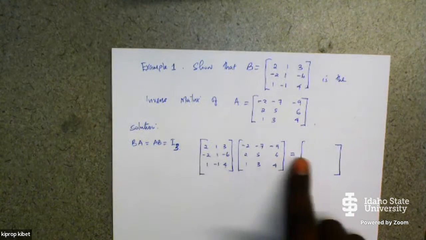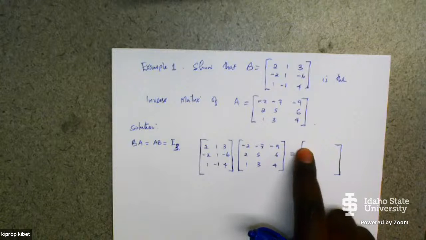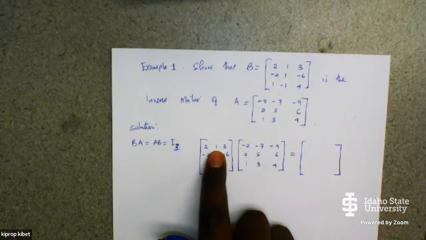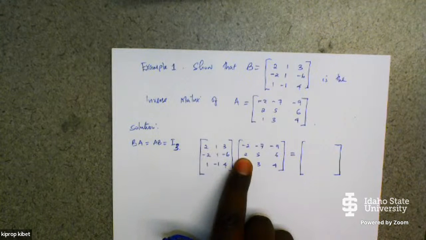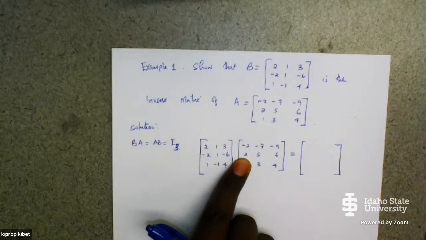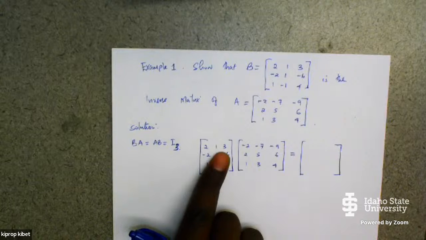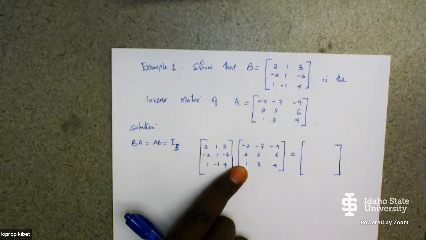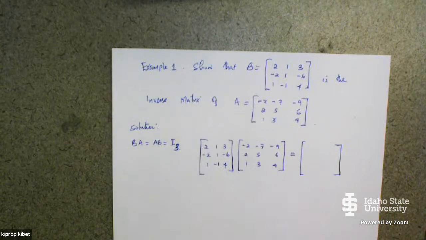Let's see if the first one is giving us 1. 2 multiplied by negative 2 is negative 4, plus 2 multiplied by 1 and by 2 is 2. So negative 4 plus 2 is negative 2. And then 3 multiplied by 3 is 3. So negative 2 plus 3 is what?